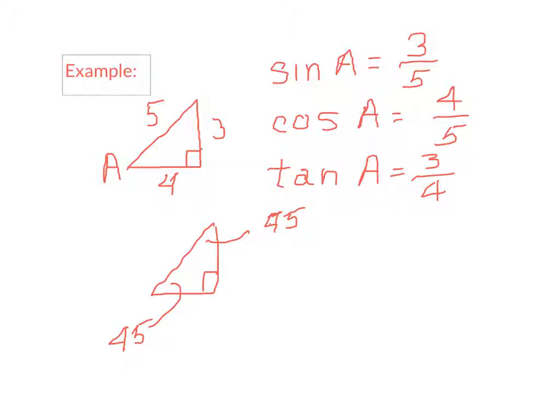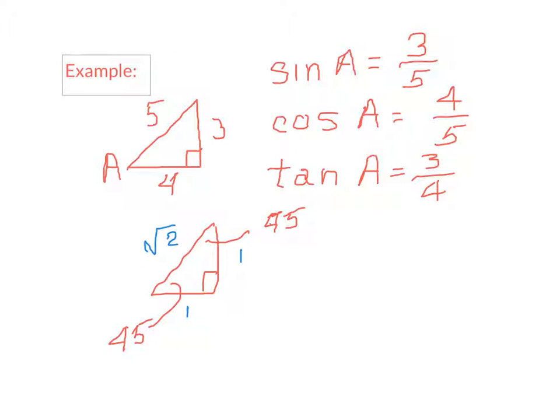Now, what's the ratio of the sides of a 45, 45, 90 right triangle? If you remember from the Pythagorean theorem, since these angles are both 45, the legs are both going to be the same, and we're going to just arbitrarily say that they are 1. So the vertical leg is 1, the horizontal leg is 1. If you use the Pythagorean theorem, it's very easy to figure out that the length of the hypotenuse is going to be the square root of 2.